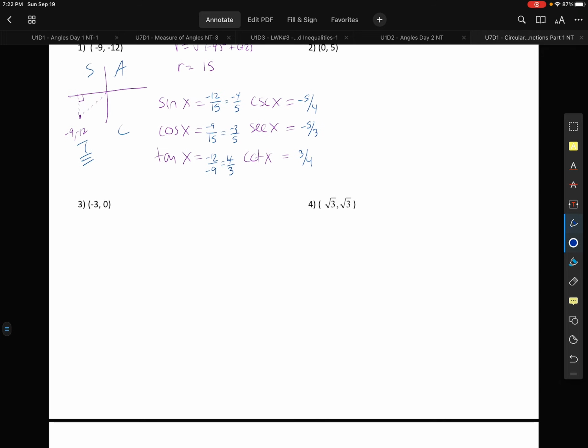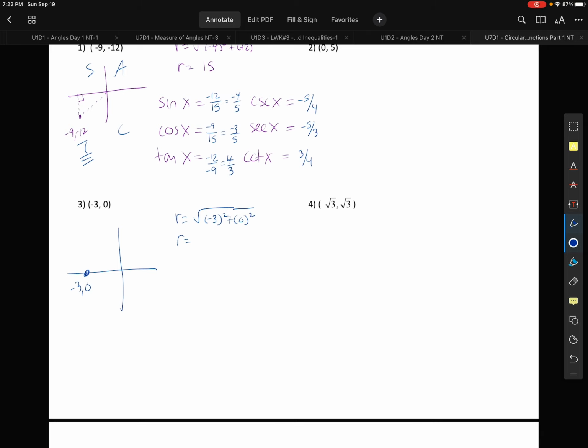All right, so there's example 1. Now if we look at example 3, we have the point -3, 0. So it's not really the idea that we have to set up a right triangle. And why can't we set up the right triangle? That's because we're on an axis. But we can still solve for r. Well, r equals the square root of x squared plus y squared.